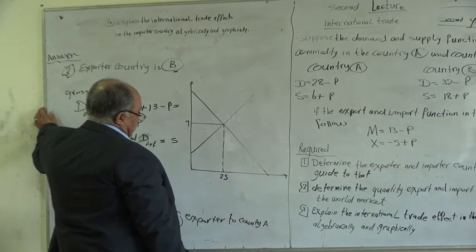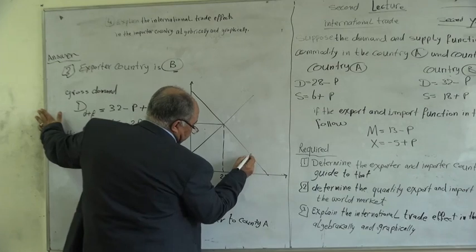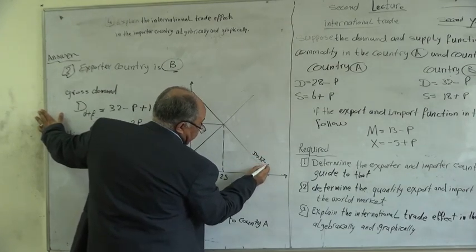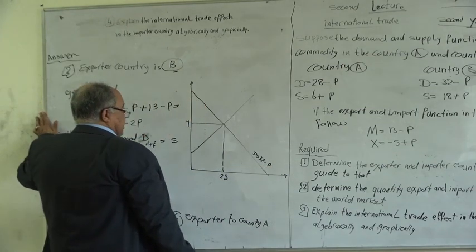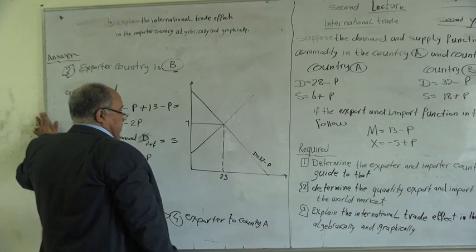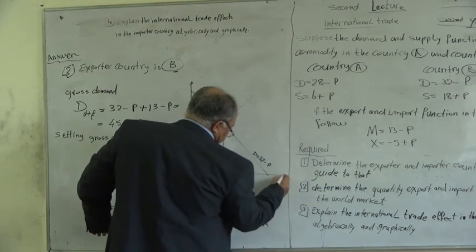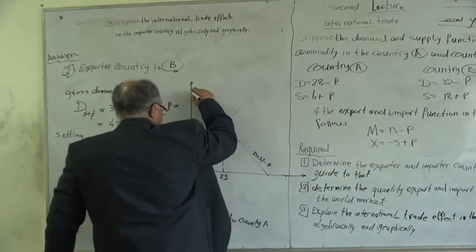But after trade, local demand plus additional foreign demand gives the gross demand, by shifting the demand to the right as follows.